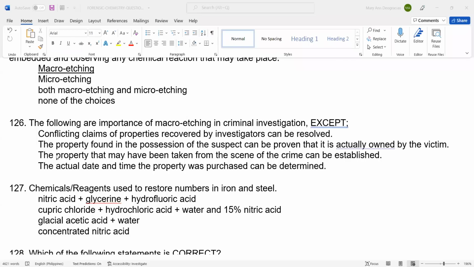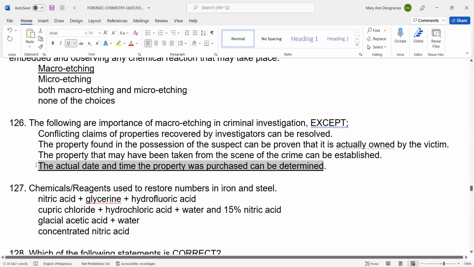Then letter D, the actual date and time the property was purchased can be determined. So which of them is not applicable? Letter D, syempre. Okay. Letter D, resibo lang naman papakita sa atin kung kailan binili yan.